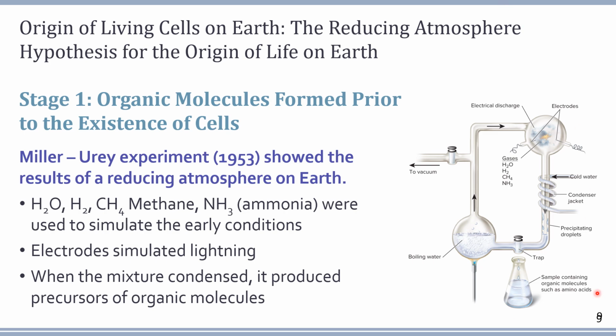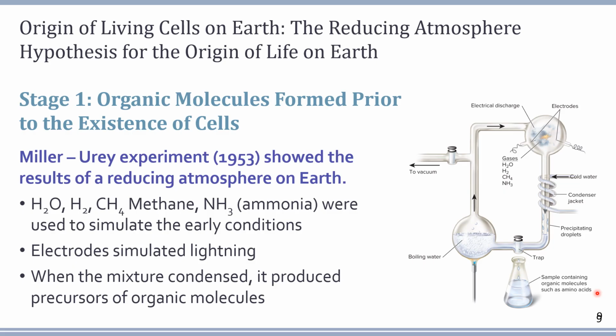So what we need are some biological molecules, like amino acids, like simple sugars, simple fats, simple nucleic acids. The reducing atmosphere hypothesis is based on the idea that oxygen begins to come together with carbon. Reducing means that an atom picks up electrons. Oxygen is really fond of electrons.